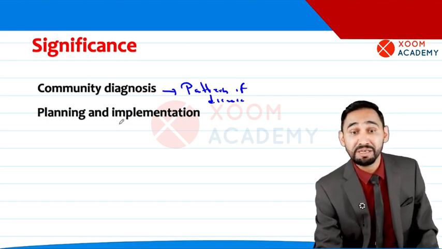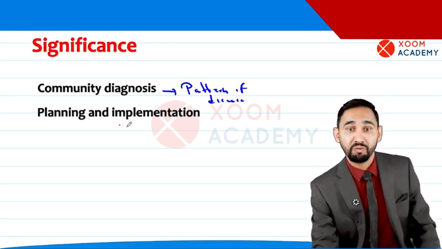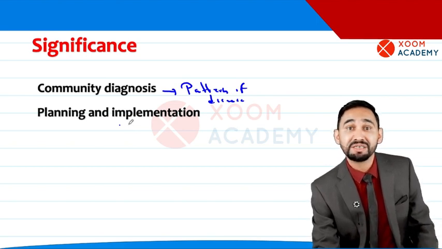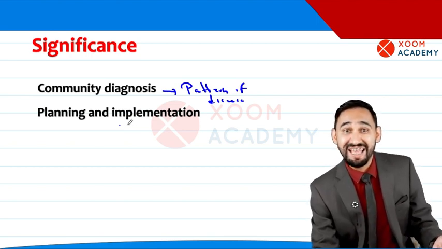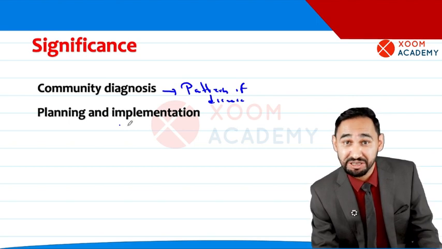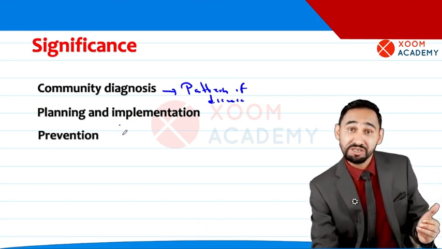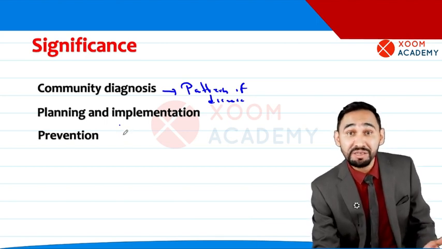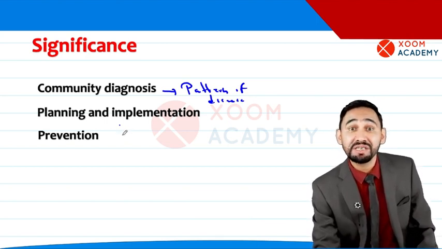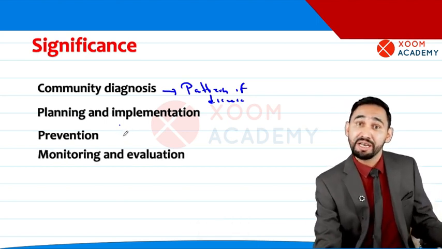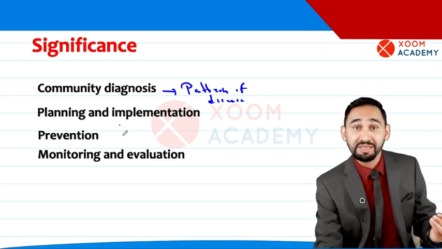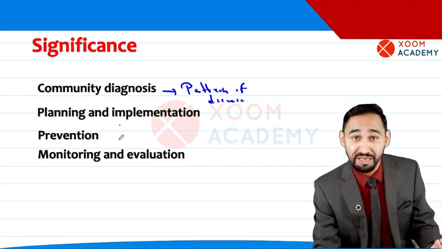We will do implementation by a certain strategy. We'll train a health team. We'll allocate the budget. Then all this is done for prevention of disease or control of disease to reduce the burden of disease. We will monitor and evaluate the system, whether our interventions are successful or not.